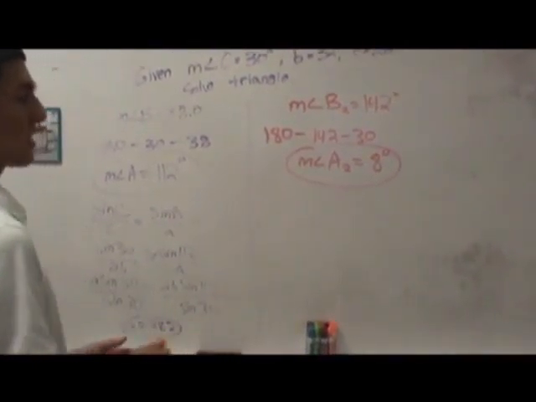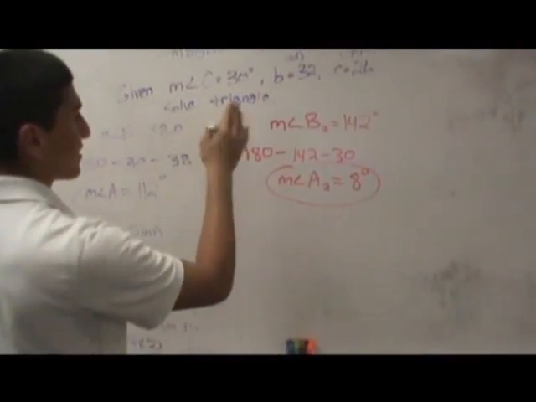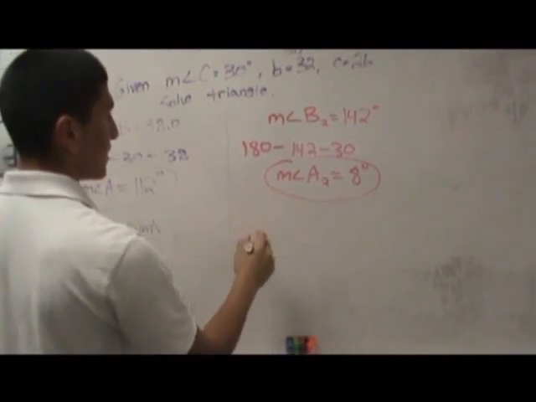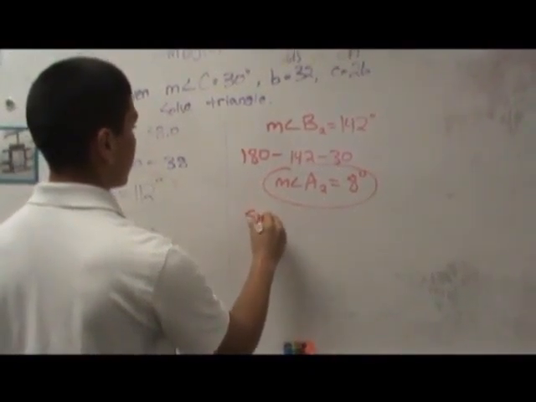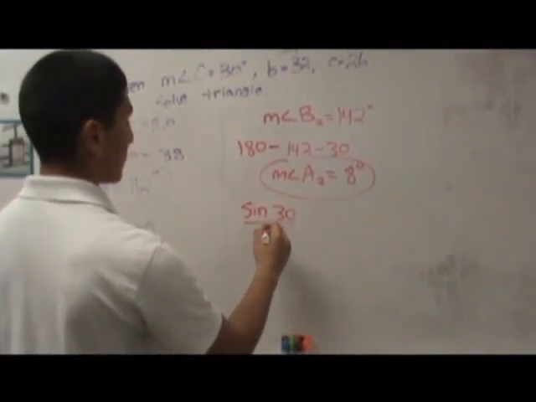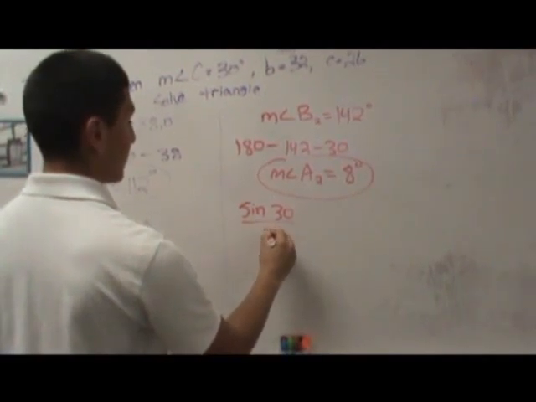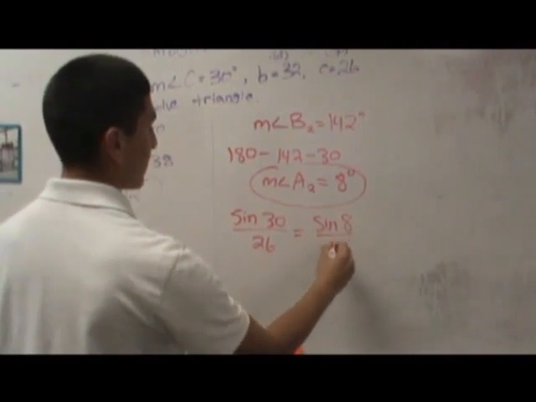And for this side, we do the same thing, but we use a different angle. So we can use the measure of angle C and side C to find the measure of side A. So sine of C, which is 30 degrees, over side C equals sine of A, which is 8 degrees, over little a.